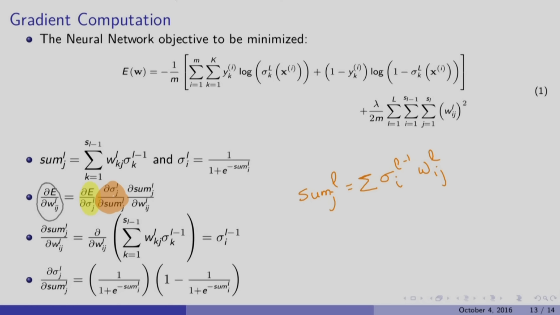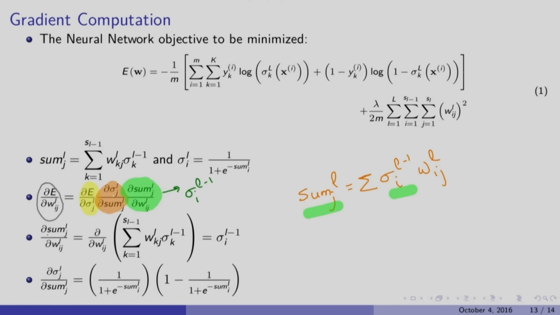And as a result of this, one can actually compute the partial derivative of the sum with respect to Wij^l more directly. As you can see, this will lead to sigma i^(L-1). So here is the detail.